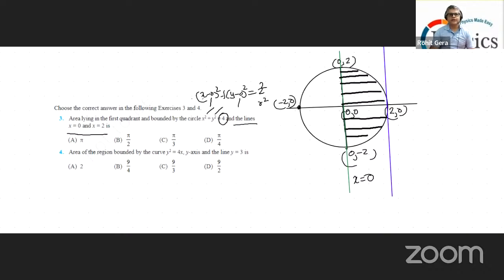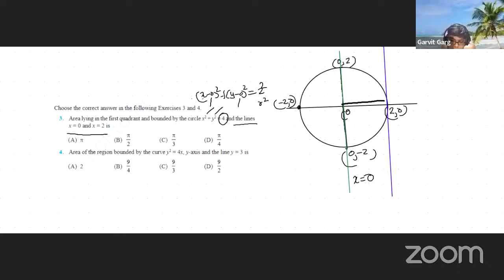So where is that area which is bounded by... this is the area inside the circle, sorry. We have to concentrate on the area bounded by the circle and the line. Yes, sir. Correct.